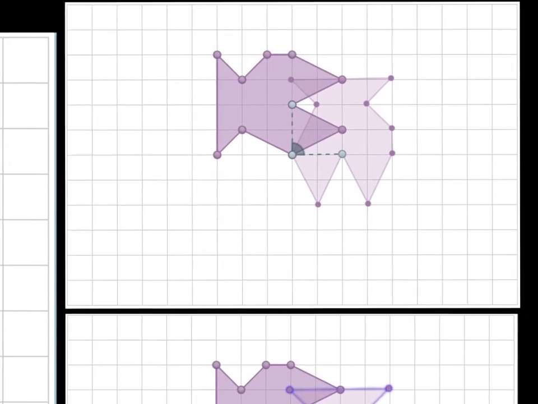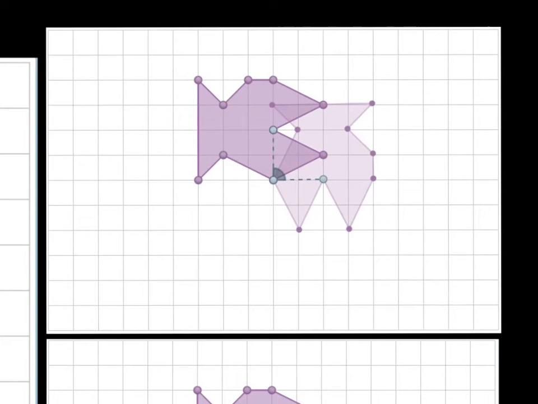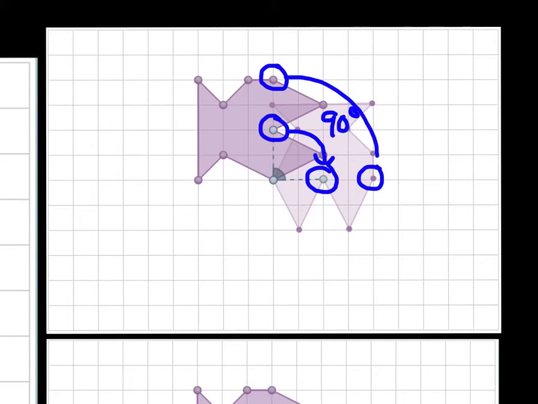Here's the first rotation that we have, and as you can see, that jaw has rotated 90 degrees. Every single one of these points, if I were to look at this point, has also rotated 90 degrees. As you can see further out, it does travel in a bigger path because it's traveling on its own circumference of a circle.